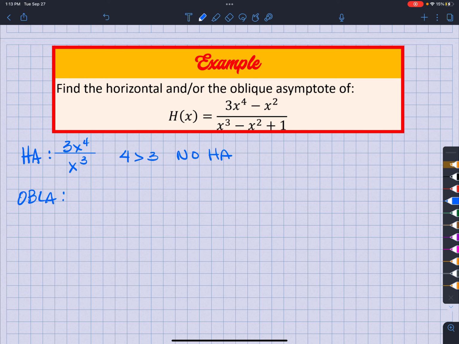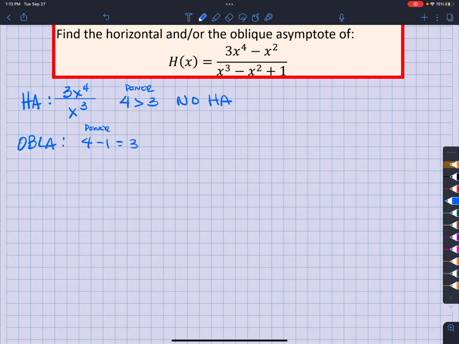I don't know if I should say since 4 is equal to 3 plus 1, or that 4 minus 1 is equal to 3. That's again talking about the power, or the exponent.